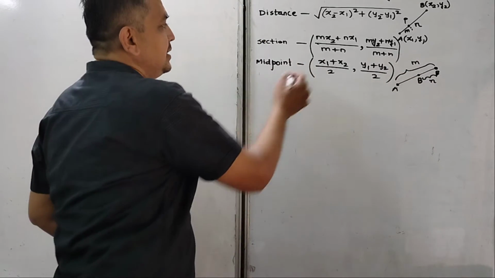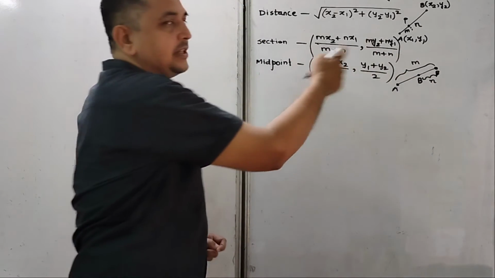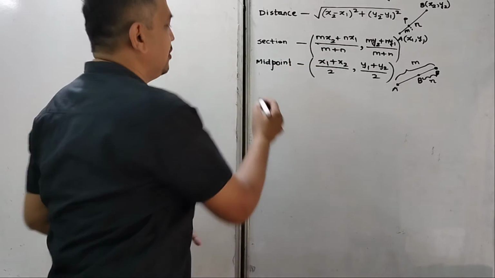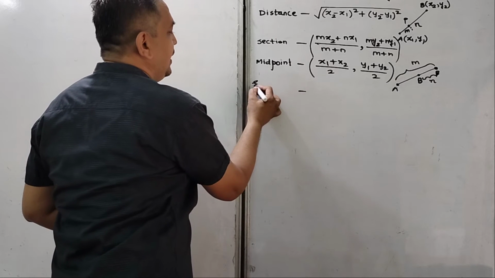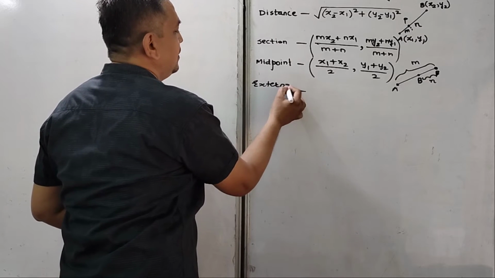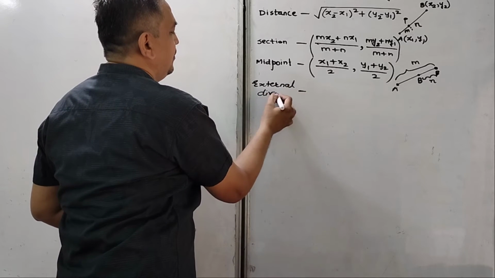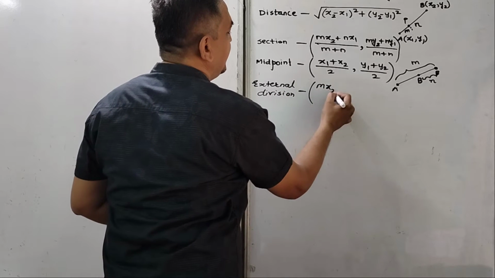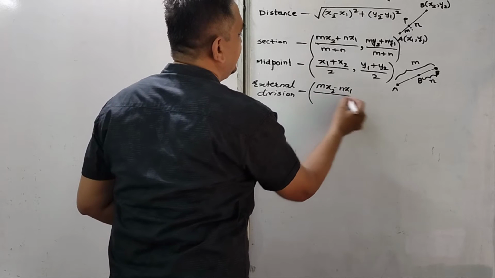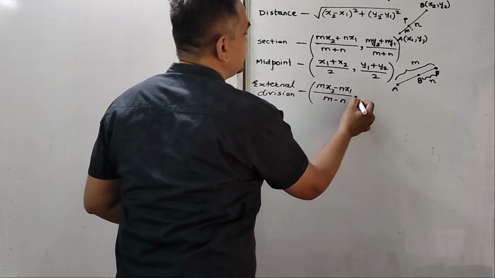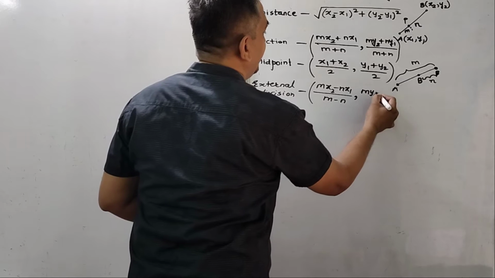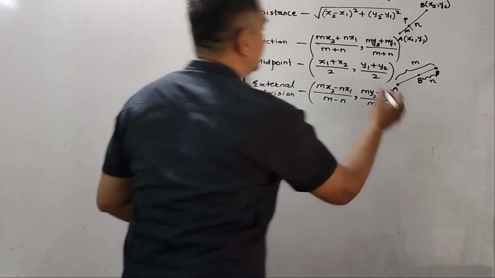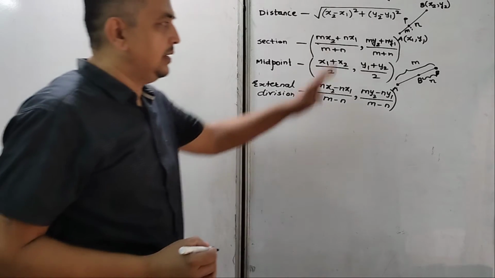Now in this case we use the same formula as section formula, the only change is this plus becomes minus. And what is the formula? (m x2 minus n x1) upon (m minus n), and (m y2 minus n y1) upon (m minus n). So all these are important formulas.